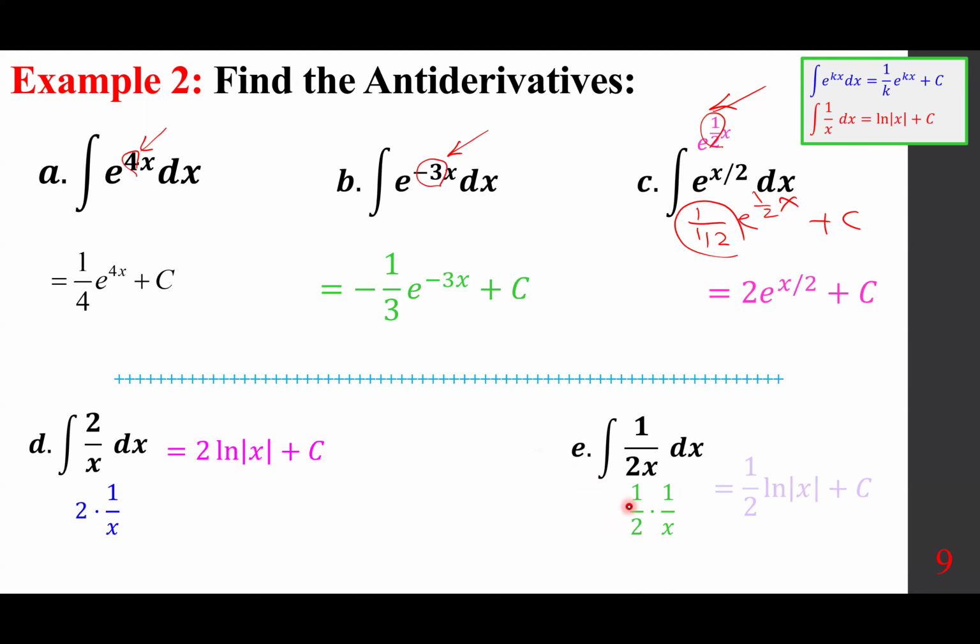Now we have 1/2. So 1/2 natural log of absolute value of x plus a constant. Pretty straightforward.